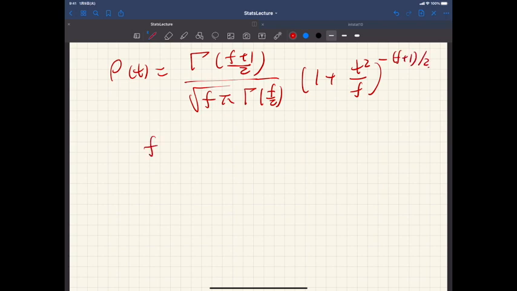So in our case, the degrees of freedom is n minus 1, and t is mu minus x bar over s over square root of n. So that's what we were looking for.